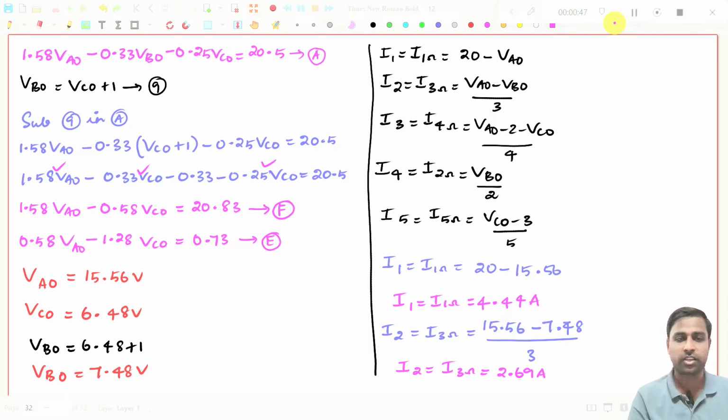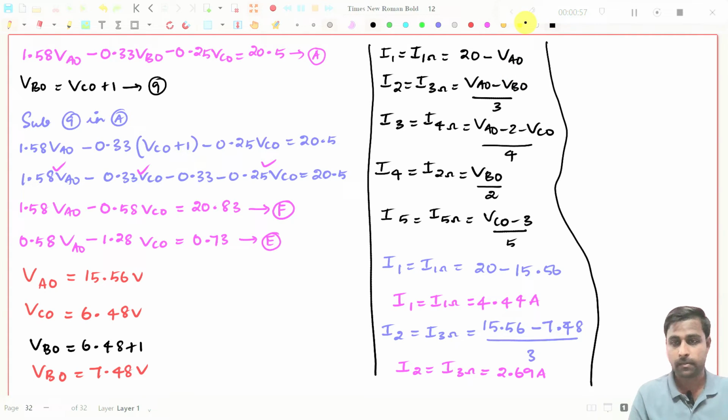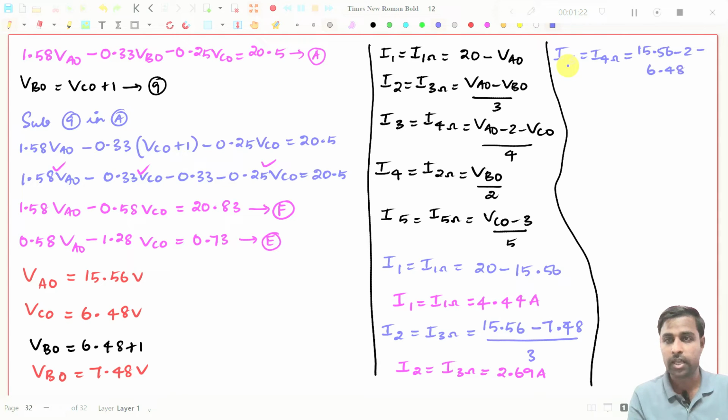Now I try to simplify for I3. I am just going to substitute for I3. For getting I3, which is nothing but I through 4 ohms resistance, that should be equal to VAO, which is 15.56, minus 2, minus VCO, that is 6.48, whole divided by the value, which is 4.